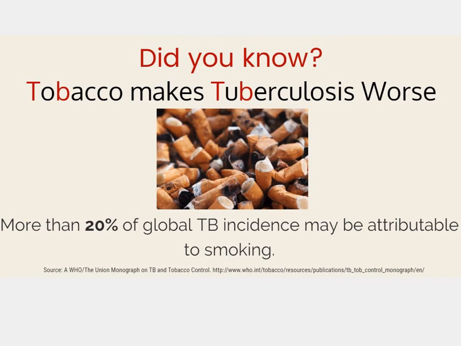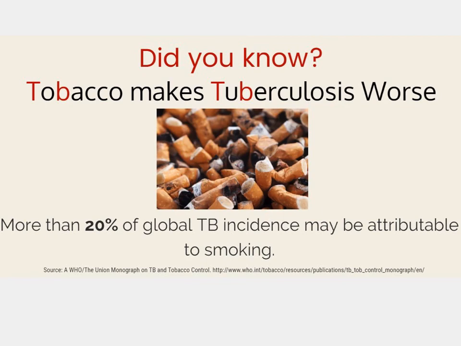Did you know that tobacco makes tuberculosis worse? That's very important. Of course, smokers need to be worried about this, and more than 20% of the global TB incidence may be attributable to smoking. Tobacco smoke contains toxic chemicals which cause disturbance in the biochemical surface of the lung, and it also weakens the immunity of the patient to fight the tuberculous bacteria.